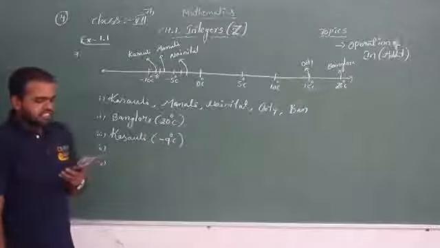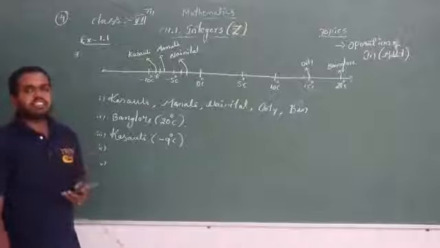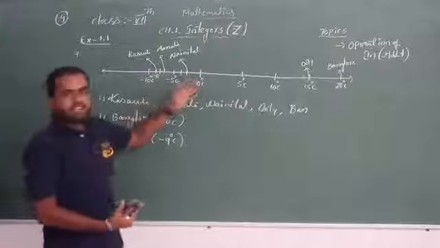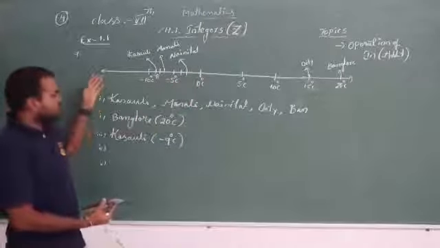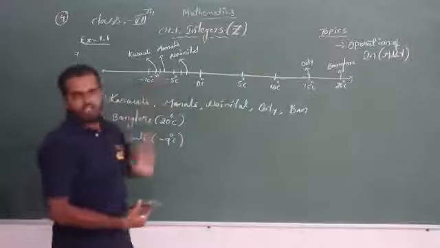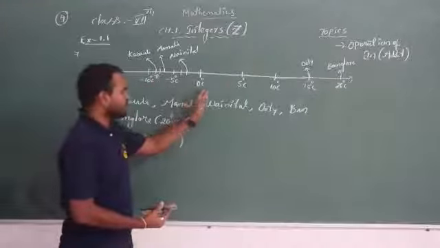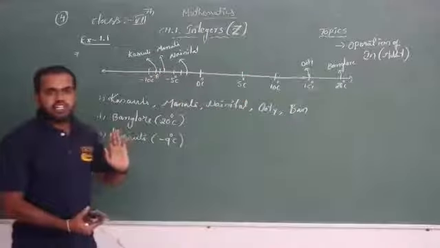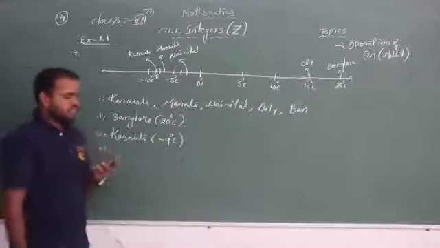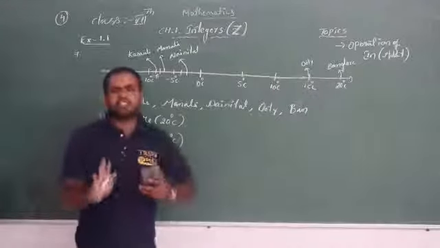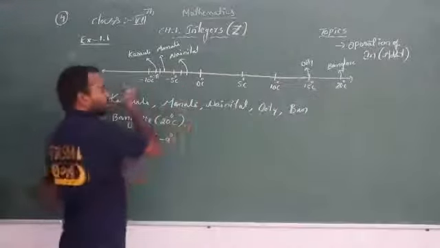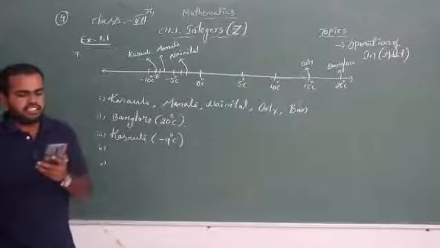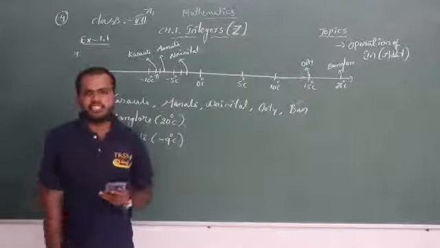Next, which cities have the temperature less than 0 degrees Celsius? We know that the values which are on the left side of 0 are always less than 0. The values which are on the right side of 0 are always greater than 0. So what is our question? Which cities have the temperature less than 0? All the cities on the left side of 0 have less than 0 degrees Celsius temperature.